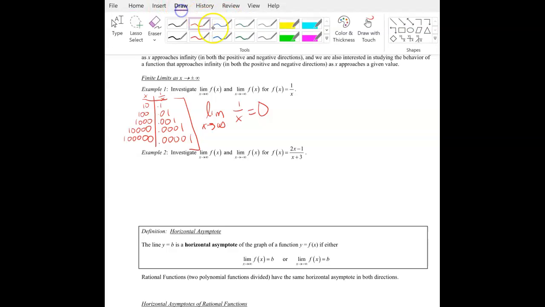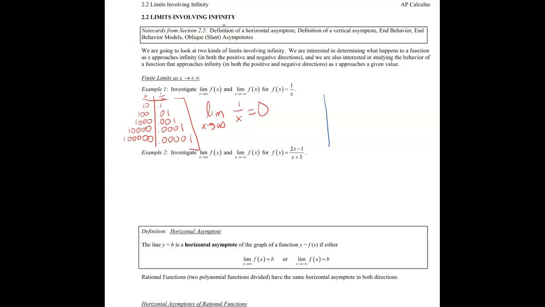Alright, going to the next one, I would have the same kind of t-chart. I get x, I get 1 over x, and then I'm just going to plug in the negative values. Likewise, if I plug in -10, I get negative 1/10, negative 100th, negative 1,000th, negative 10,000th.